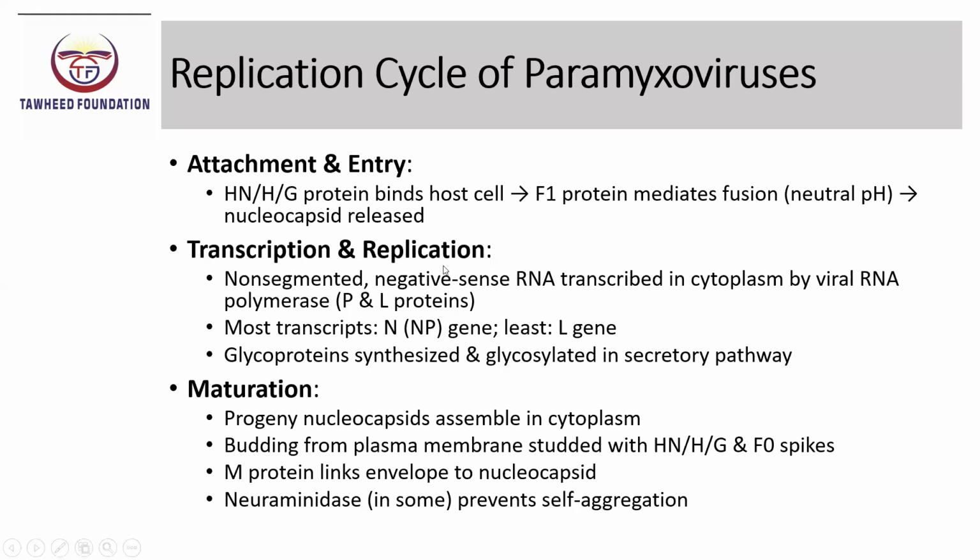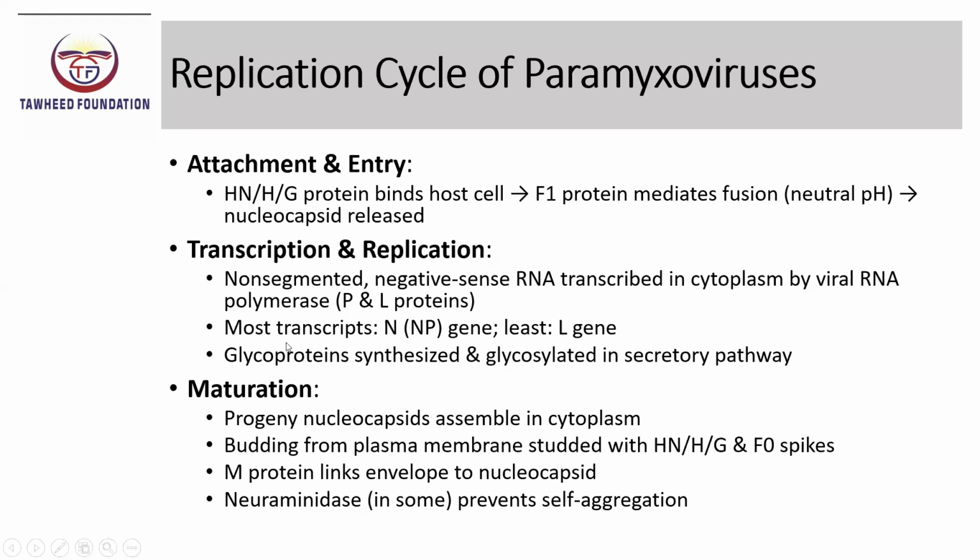Transcription, translation, and replication. So, this virus contains a non-segmented negative strand RNA genome. Messenger RNA transcripts are made in the cell cytoplasm by the viral RNA polymerase. Transcriptional regulatory sequences at gene boundaries signal transcriptional start and termination.